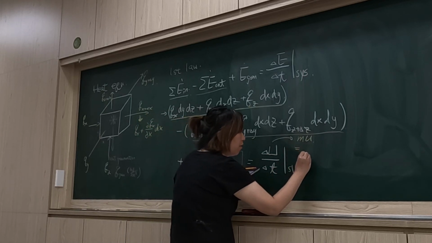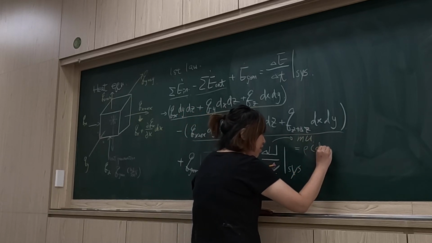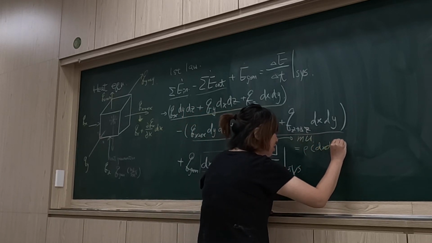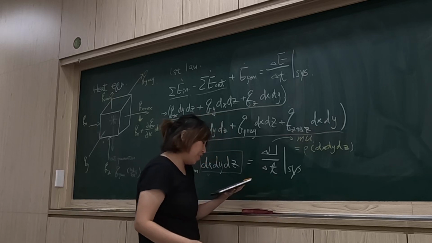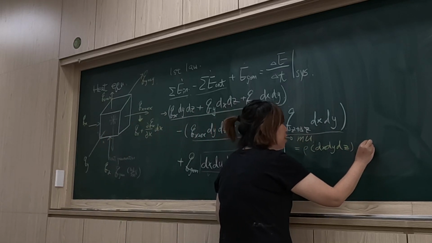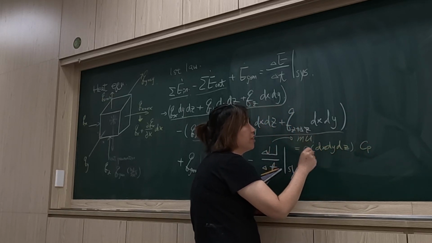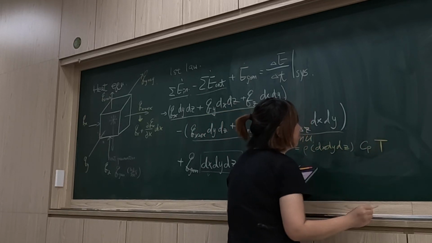Then the mass can become rho dx dy dz, rho v. Then the u can become, not heat capacity, specific heat times the temperature.